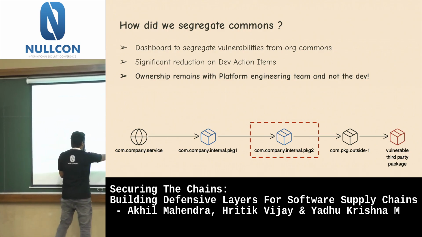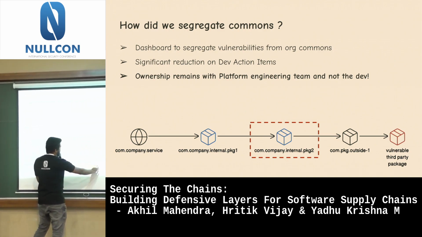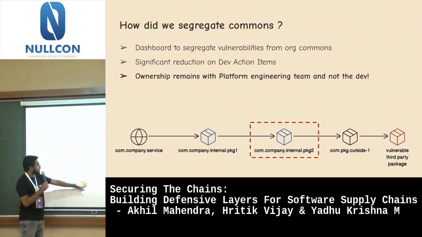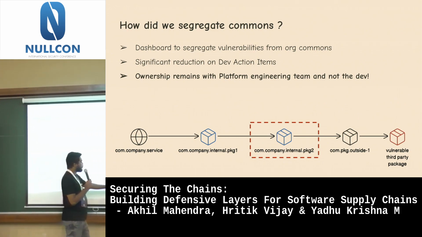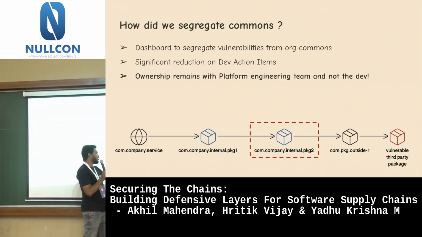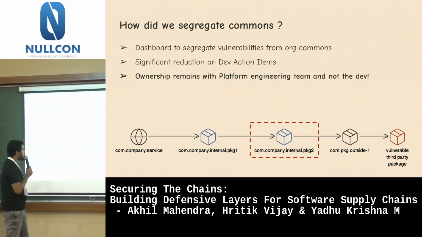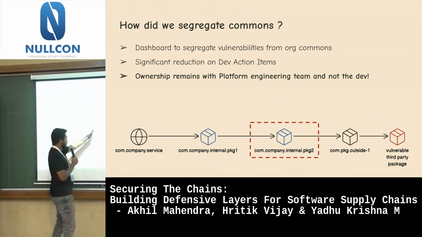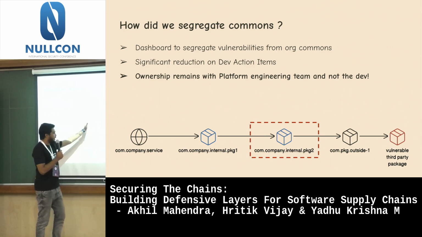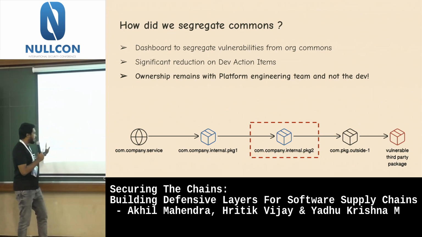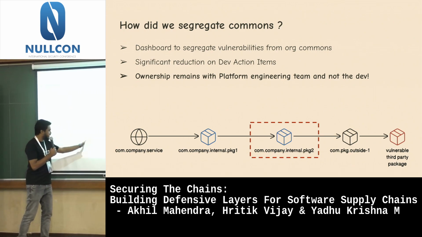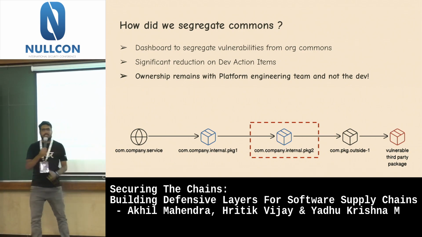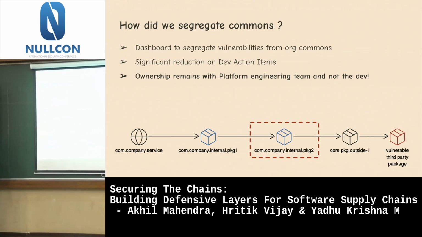And when you jump ahead, you see that it is a company internal package. So this has to be marked as the responsible party that imported this vulnerable package. The ownership clearly remains with the platform team. We can segregate and say that the chain ends here and this part is under the developer. This part is under the developer. And whatever comes here is the responsibility of the platform team.